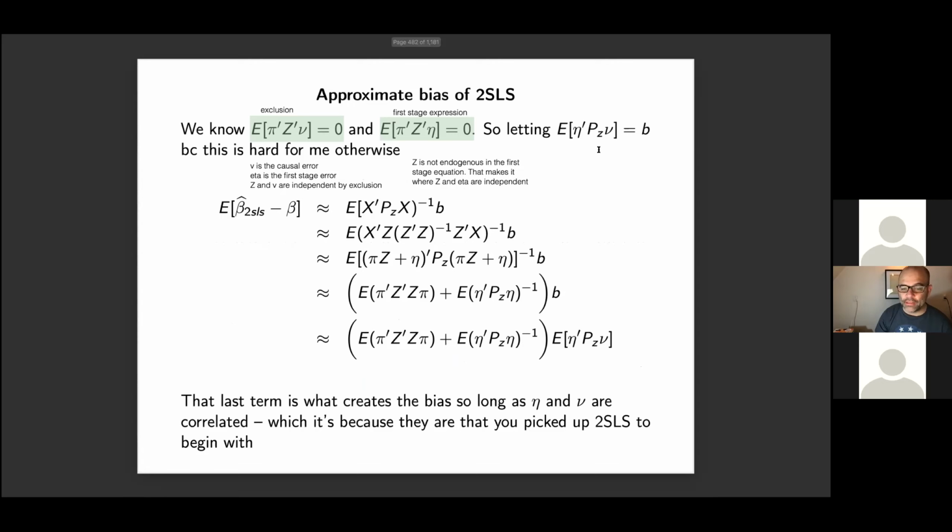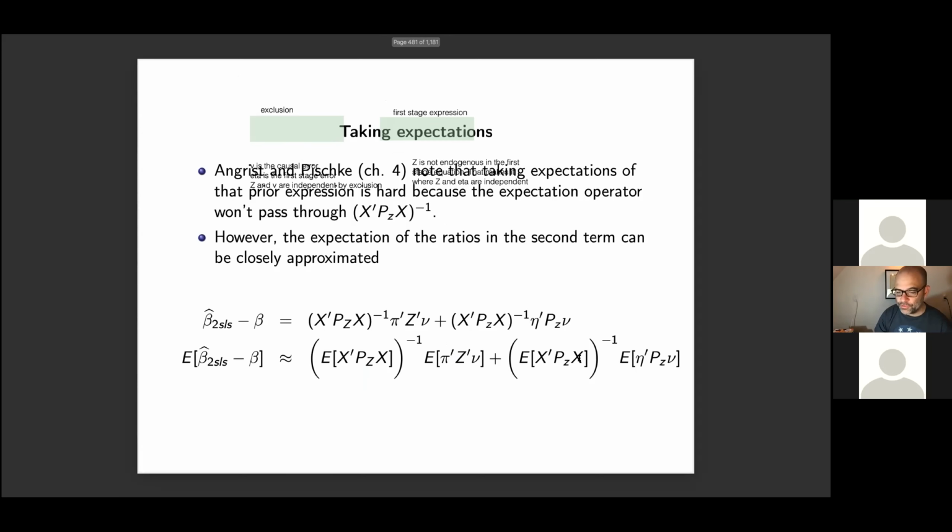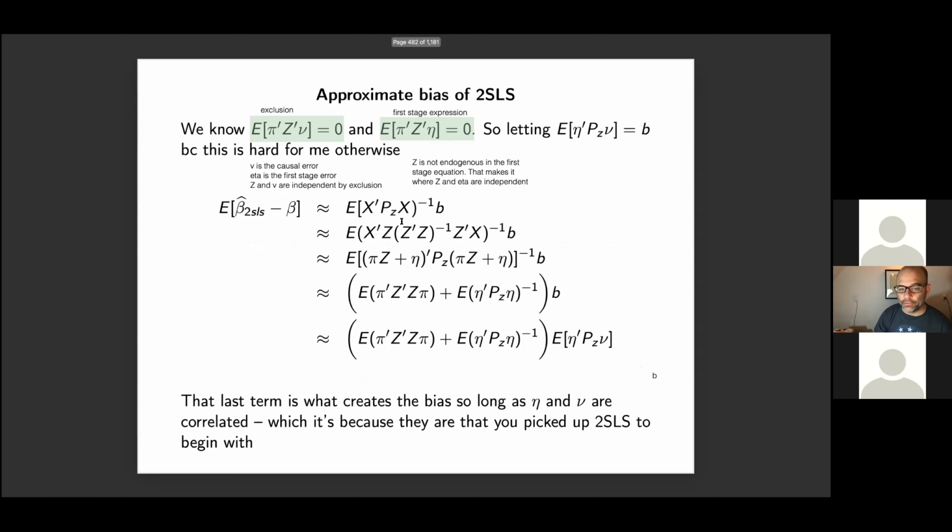That's why this is shorter. So we're left just with this term. We're going to call that B here.